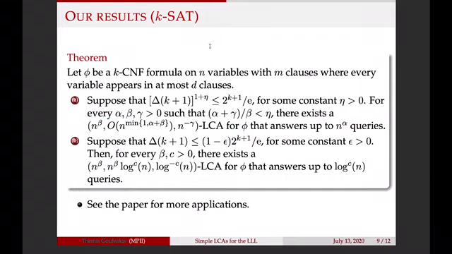More formally, our results expressed in terms of K-SAT are what you can see in this slide. As you can see in this theorem, the smaller the number of queries is, the better the trade-off that we can achieve between the running time per query and the space complexity of the local computation algorithm. In particular, if you have n^α queries, and the running time per query is n^β, the space that you need is n^(α+β), if α+β is smaller than 1.